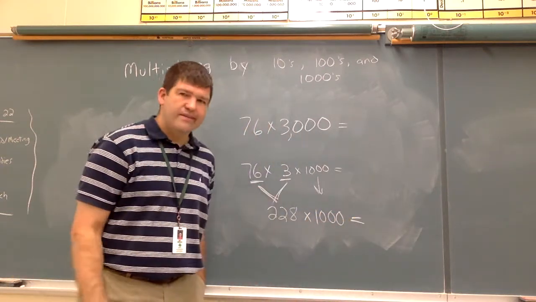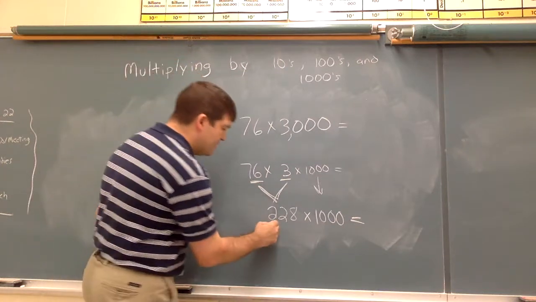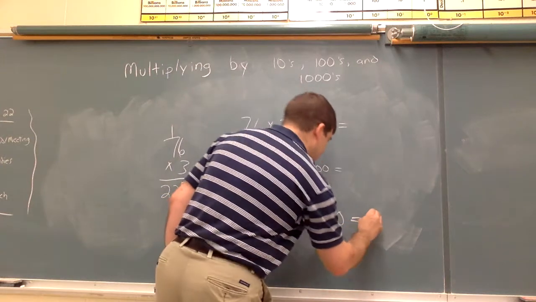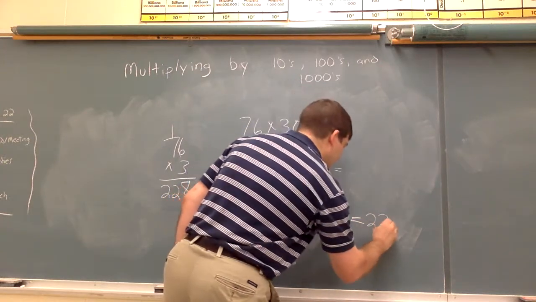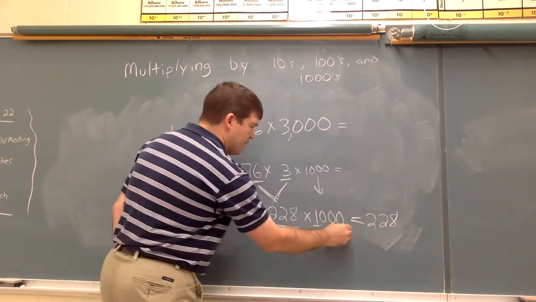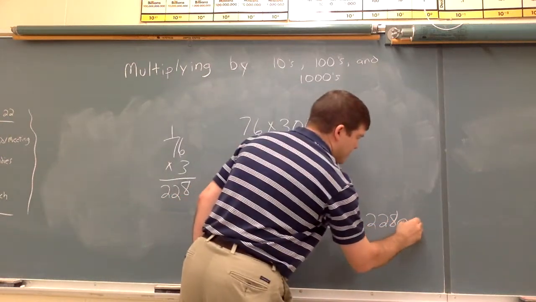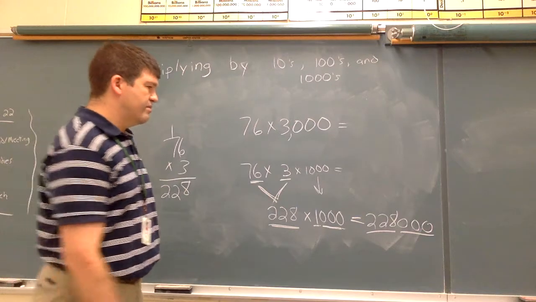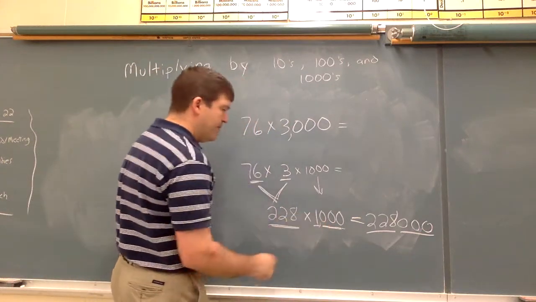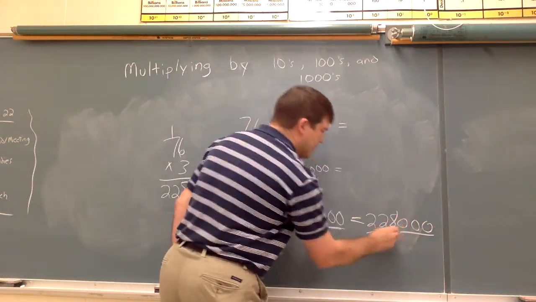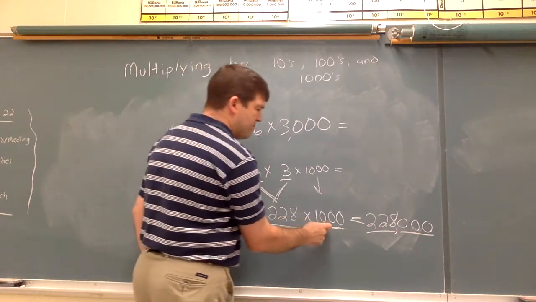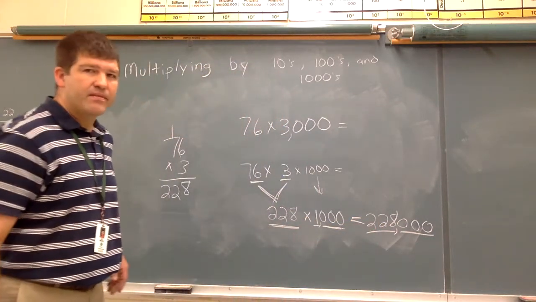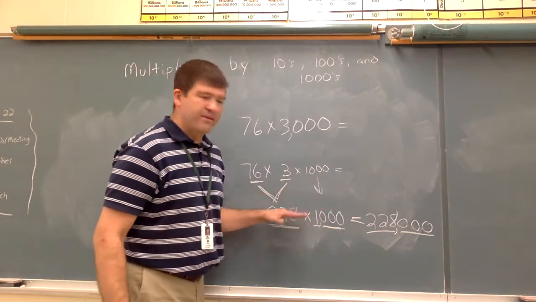Now, this is pretty simple because you can see this 228 times 1, we know anything times 1 is the same, 228, and then I have 1, 2, 3 zeros, okay? So then I got my comma there. So 228 times 1,000 is 228,000. That's with a couple different steps.